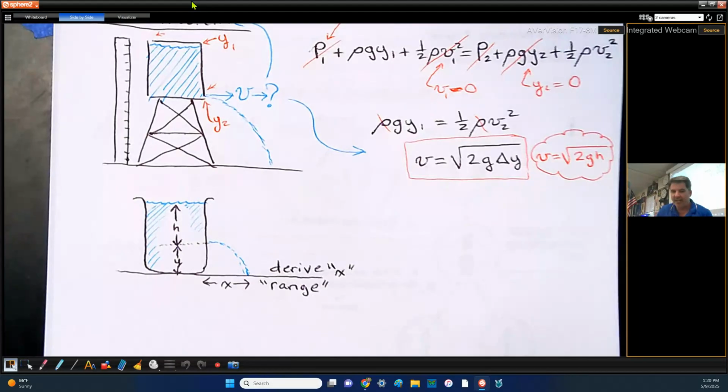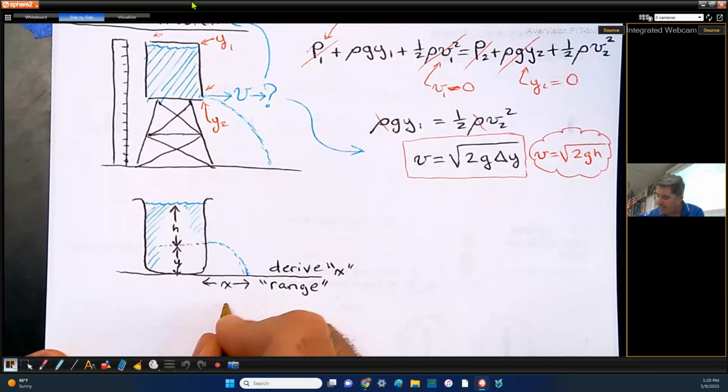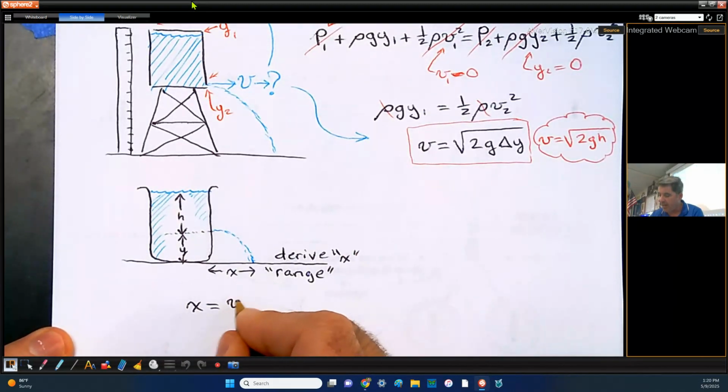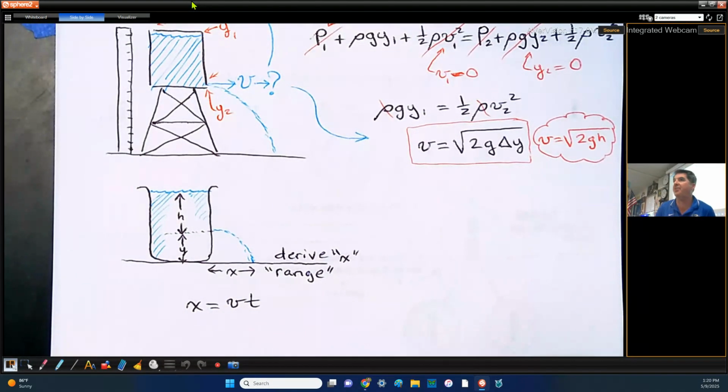How can I take a simple expression like this and say x is equal to what? It's very simple: x equals VT. Now, there is no equation on your equation sheet that says this, so you cannot get full credit for just saying x equals VT. Why can I say x equals VT?